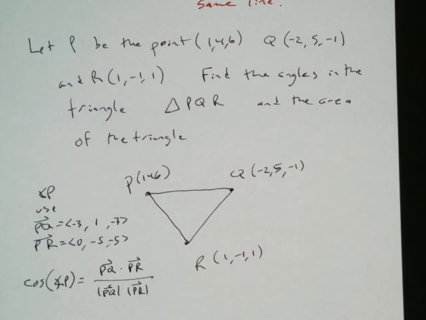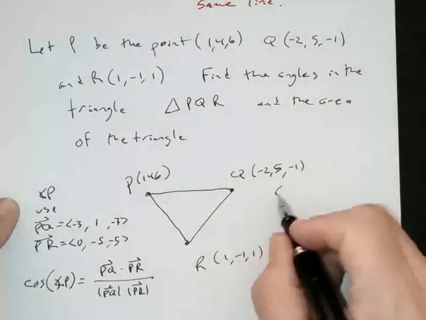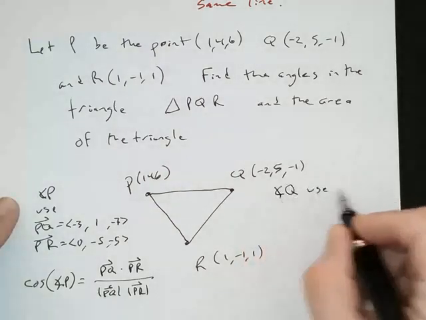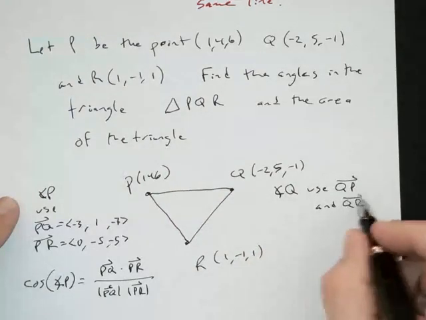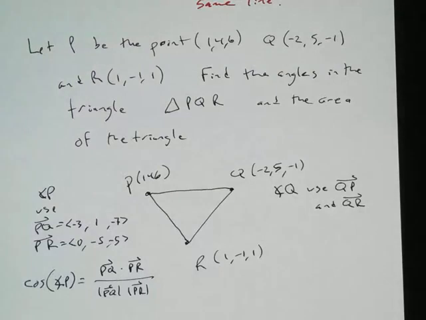I can't use PQ. PQ points this way. And if I did PQ and QR, I wouldn't be in my triangle, would I? I'd be on the outside of my triangle. So I need to be careful. To do an angle at Q, I use QP and QR. And I do the same calculation.